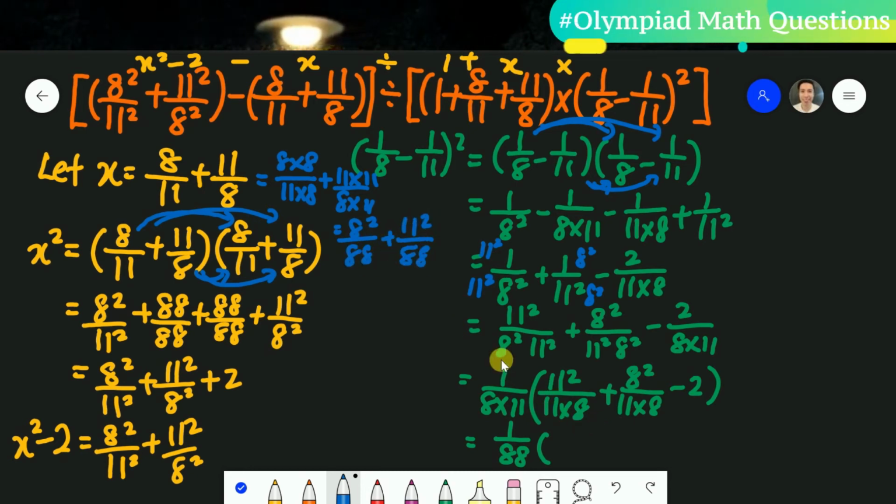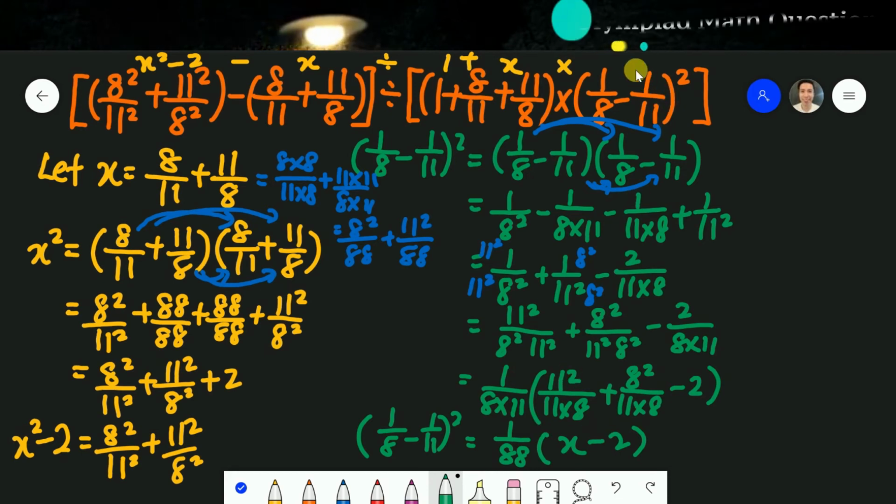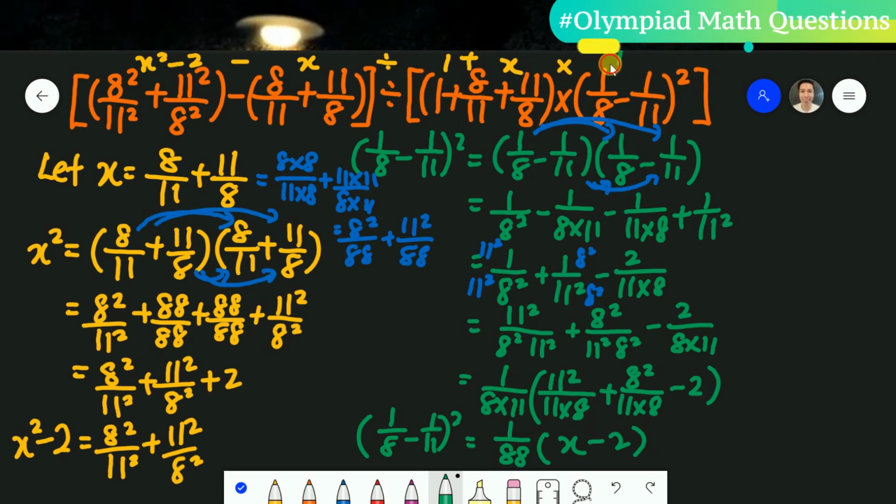Surprisingly, this is the same as x, so we can put this as x minus 2. So far so good? Now 1 over 8 minus 1 over 11, the whole thing squared, is equivalent to 1 over 88 times x minus 2.